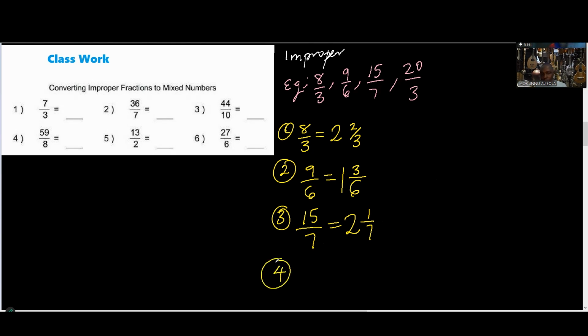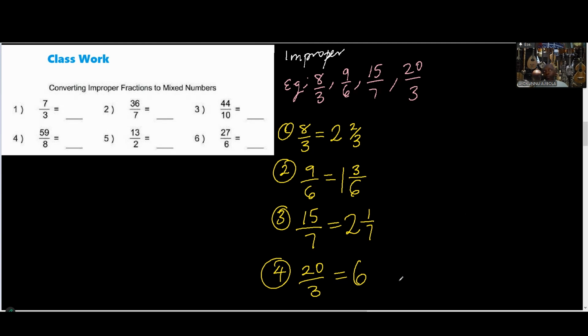Then number 4, I have 20 over 3. So I want to give each one of my friends 3 oranges. So how many of them can I successfully give 3 oranges out of the 20 oranges? Six, right?